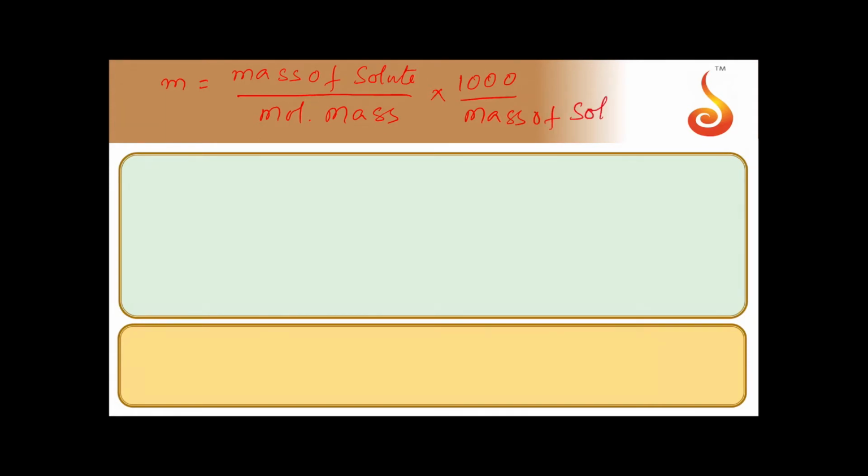So with this you are going to get initial mass of solvent now. So this is to find out initial mass of solvent. I wrote the formula for your understanding.